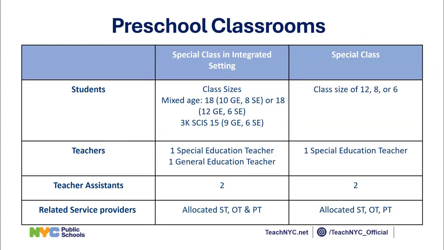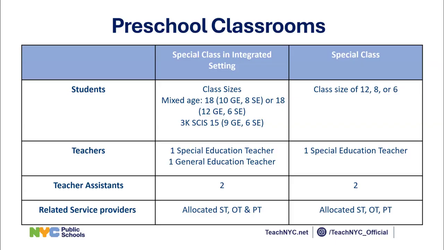And these are just the different preschool classrooms. As you can see, special classes and integrated settings. The class sizes are mixed age. There could be 18, with 10 general ed and 8 special education, or 18 with 12 gen ed and 6 special education. And then moving on to special class, class sizes of 12, 8, or 6.